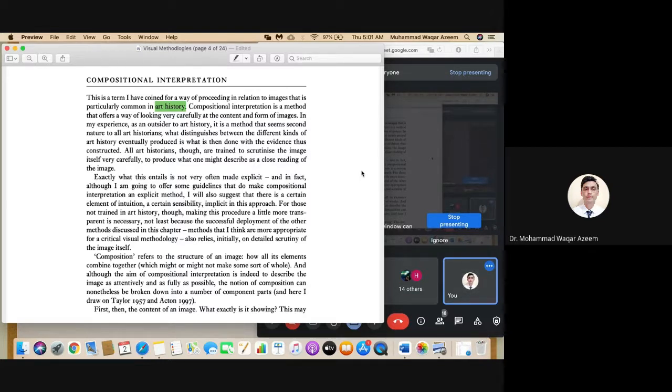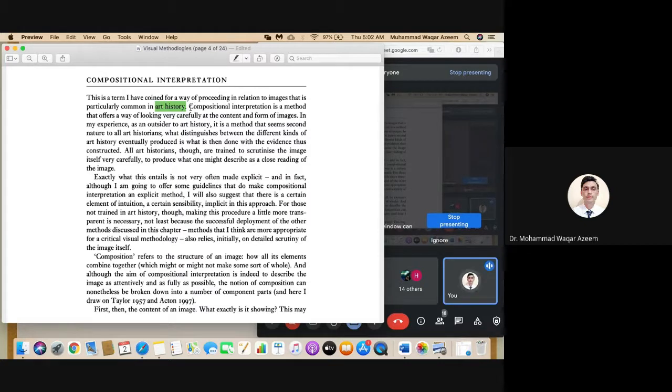So in oral history, for example, we discussed how many of the methodological principles were coming from the field of history itself, right? Similarly, over here in the compositional interpretation, the method comes from art history. Art history is an independent discipline as well, right? But we are talking about literary studies right now and visual methodologies within literary studies.